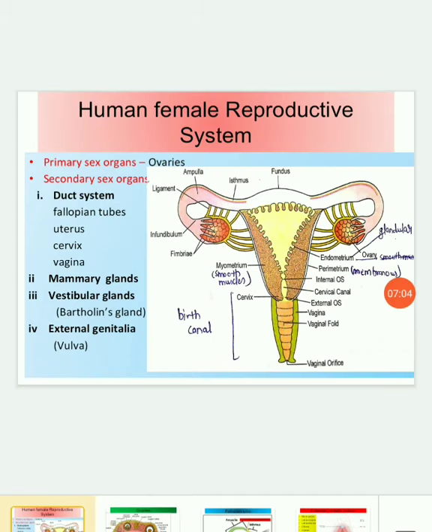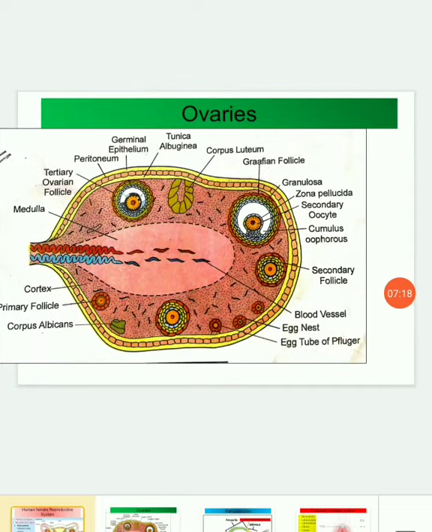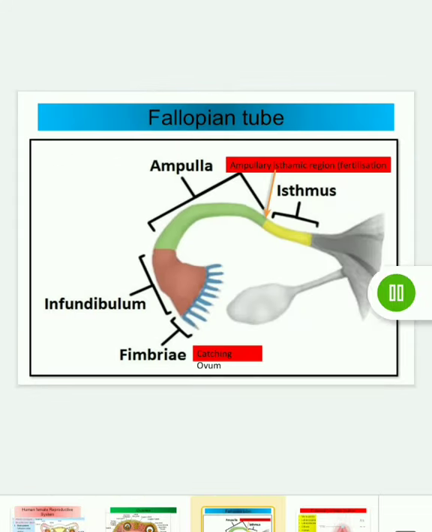Now after the structure of the ovary, the next structure which continues from it is the fallopian tube. You can see it over here. Let's have a look at this fallopian tube.